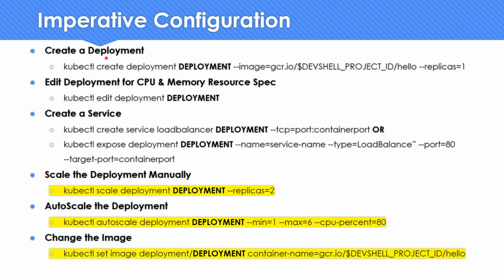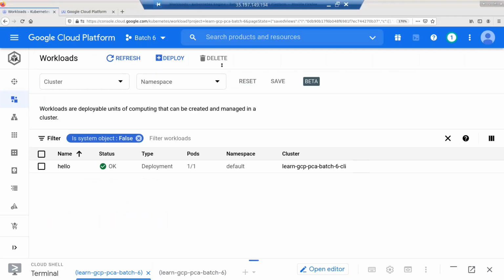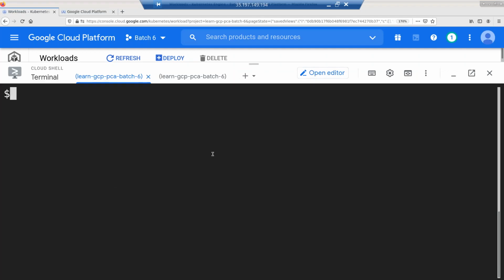Mahesh, is it the upper limit or lower limit? Because you mentioned 300 and 200. Okay, minimum is 200, maximum is 400. If I want to see the limit and request, I can just do kubectl get deployment hello, and I can use this command to see the YAML file in my command line also.